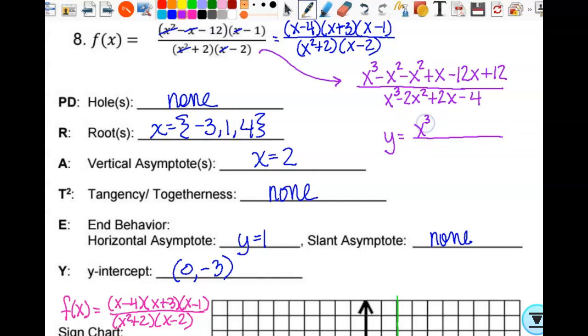Then I have negative x squared and negative x squared, that is negative 2x squared. And then x and negative 12x is negative 11x, and then plus 12. Then the denominator is good how it is, so x cubed minus 2x squared plus 2x minus 4.